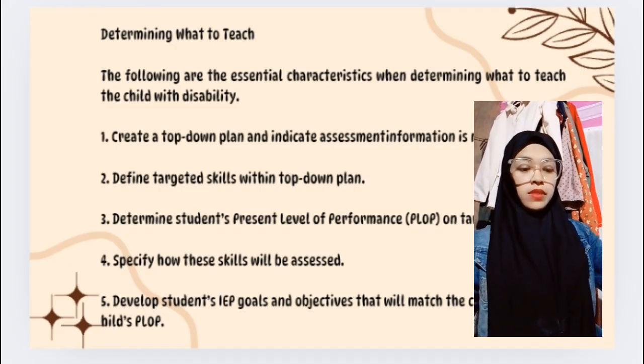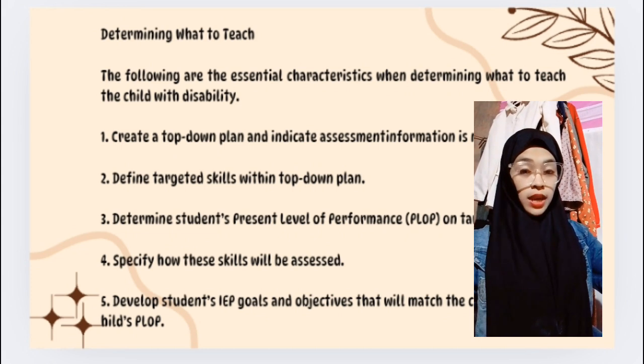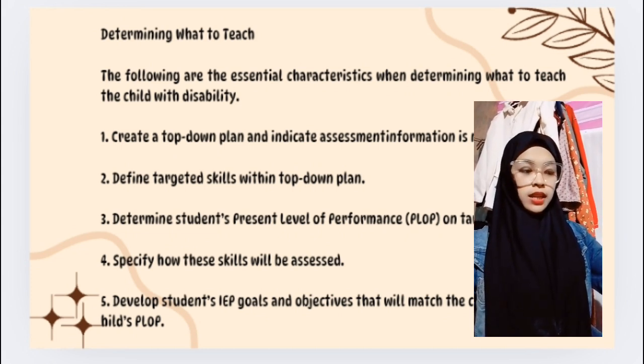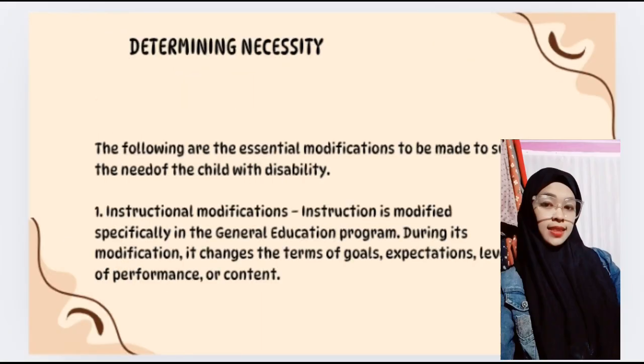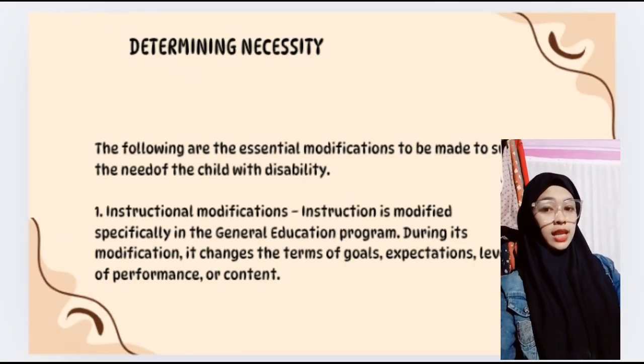Number 5 is to develop the student's IEP goals and objectives. It is to create specific, measurable, achievable, relevant, and time-bound, or SMART, goals aligned with the child's plan.